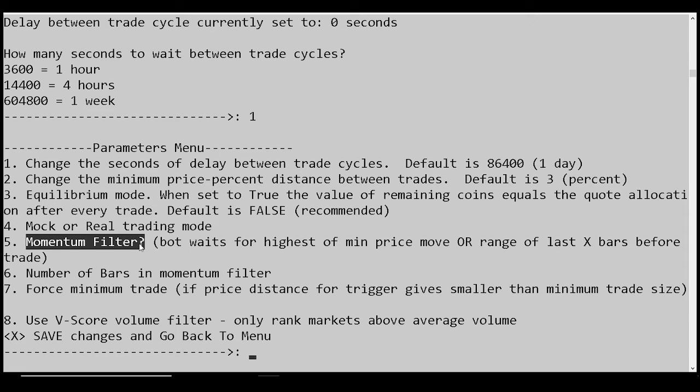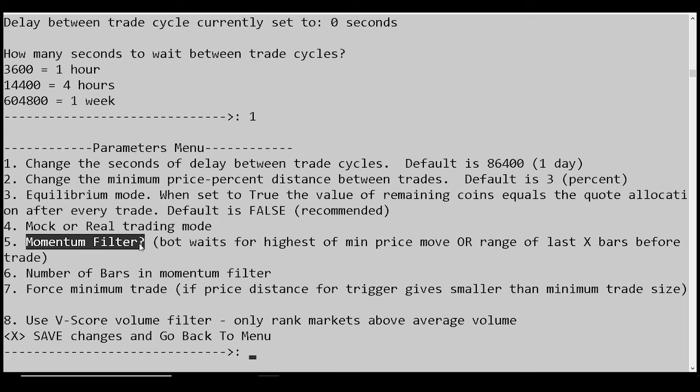You can set the time frame and the number of bars on the momentum filters such that you're going to make sure that the recent range of the highest high minus the lowest low of the last X candles, the last X bars on whatever time frame, that's the range that the price has to move farther than since the last trade for the trade to go through.